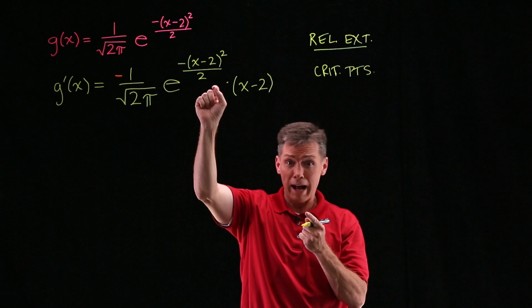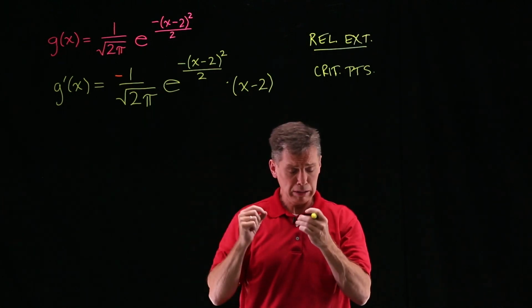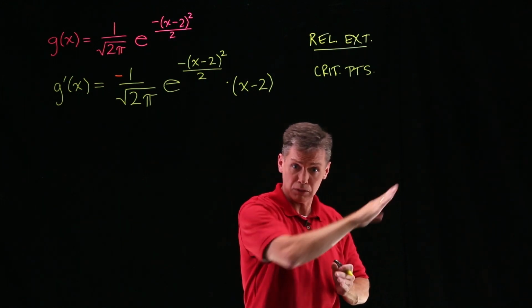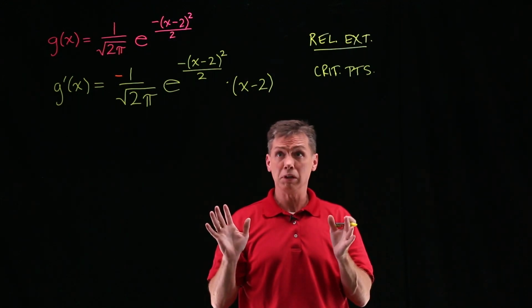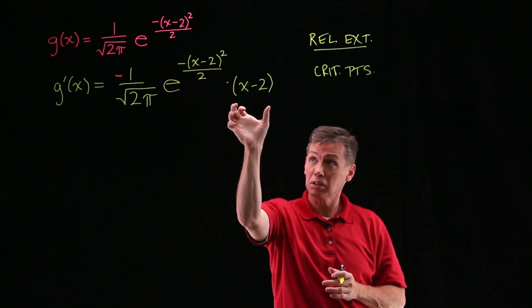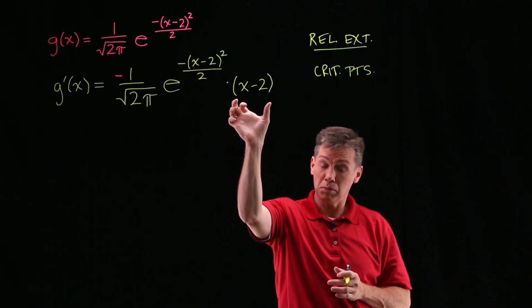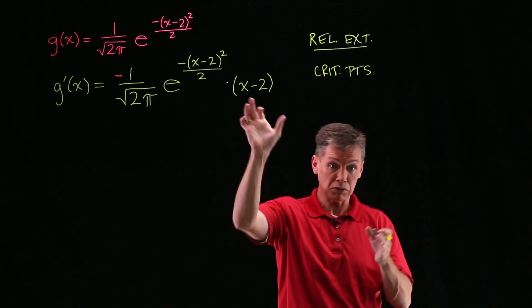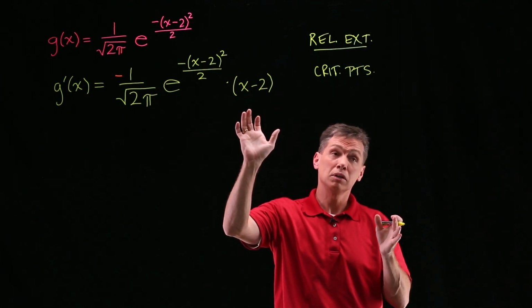Okay? Your graph of e to a power, e to the x, always stays above our x-axis. So there's never any division by 0 or anything. So that's going to be well behaved. And finally, the last chunk of it, that's never going to have any division by 0. So I'm not worried about critical points here where the derivative doesn't exist, because the derivative is always going to exist.